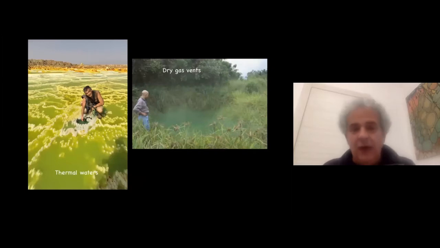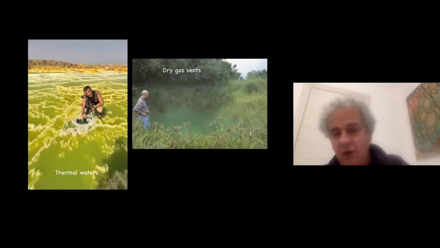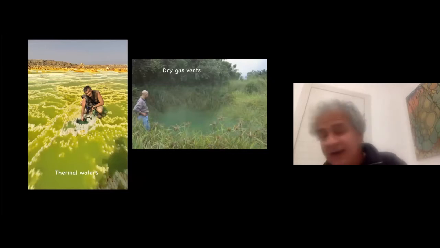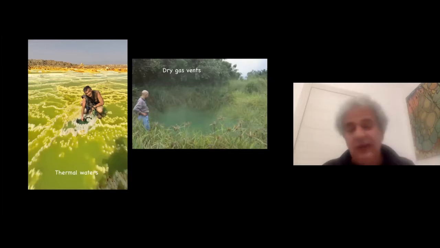Finally, we have two other examples that are the gases associated with thermal waters. Here we are at Dallol in Ethiopia. On the other side, we also have dry gas vents. Dry gas vents, because the temperature is low, because it's carbon dioxide dominating this manifestation. And as you know, carbon dioxide is a cold gas. So basically, there is no steam.